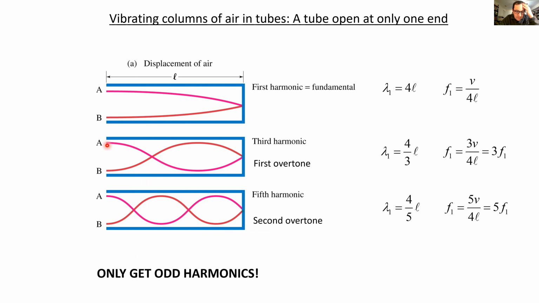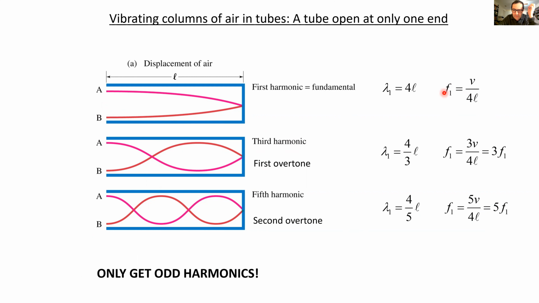What's the general rule? Well, notice we only get the odd harmonics. Remember, the harmonic is how many times the fundamental frequency. This is 3 times. You can't get an oscillation that has twice the fundamental frequency. It doesn't fit. You're required to have a node here and an antinode at the other end.